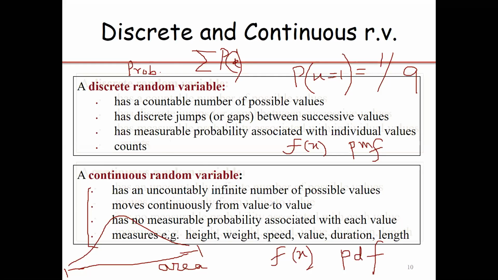A continuous variable cannot be represented in the form of a table, because we cannot list all values of the random variable, and we cannot list all the probabilities associated with those values. So every time a variable is continuous, we have a function, and every time a variable is discrete, we can write it in tabular form, in function form, and so on.